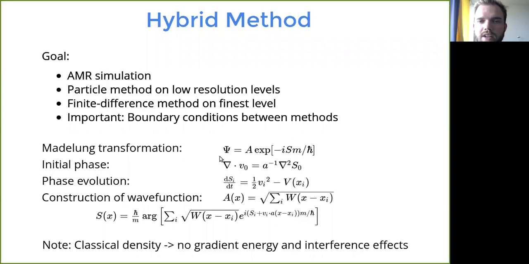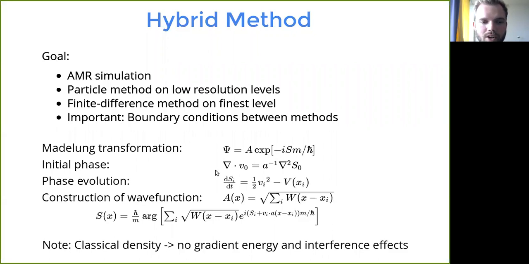And in order to communicate between these two methods, we make use of the Madelung transformation, which basically is just representing our wave function in polar coordinates. And if you then plug that into the Schrödinger equation, you realize that it becomes an Euler equation with this infamous quantum pressure term, where the gradient of the phase is associated to the velocity.